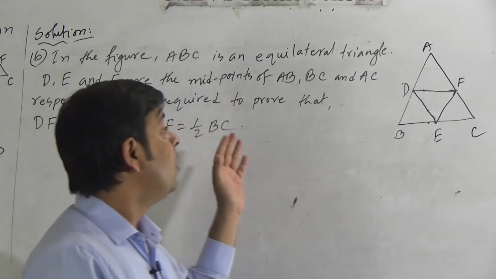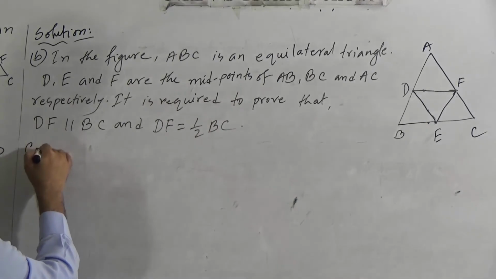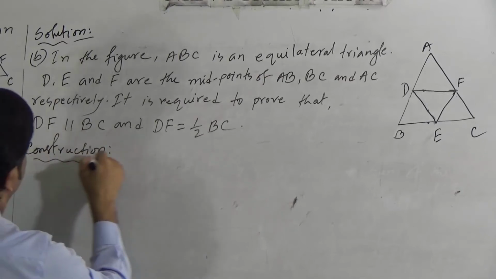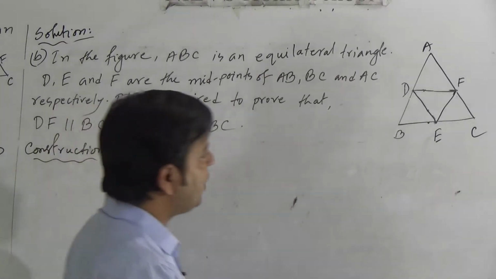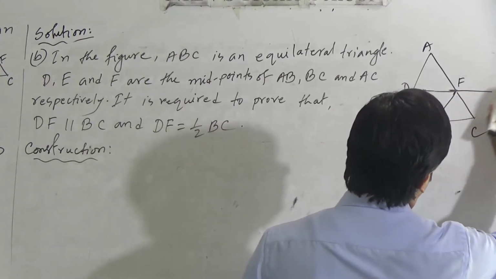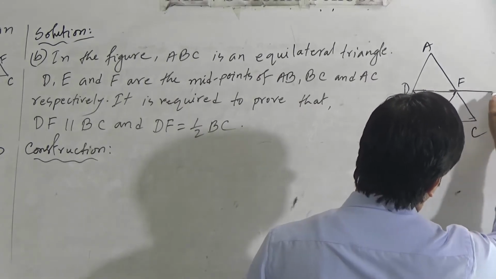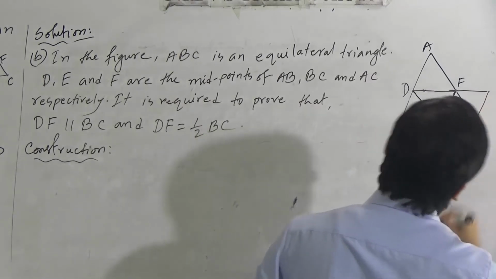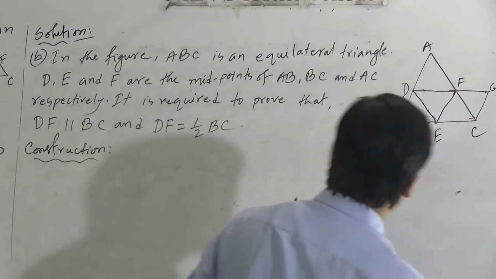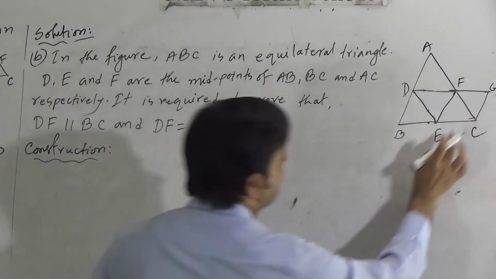Now, for the proof we need some construction here. So, I will write the step construction. To prove, we need to extend DF up to G so that DF is equal to FG, and then join CG.